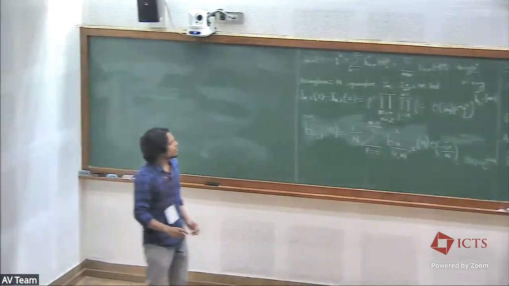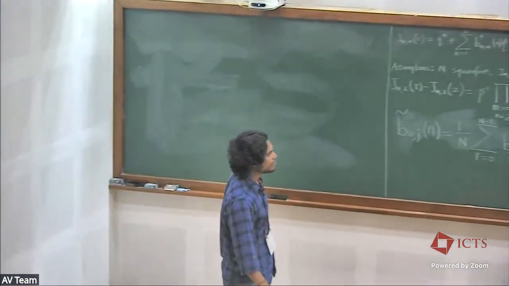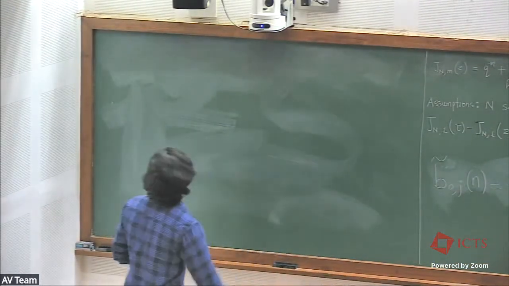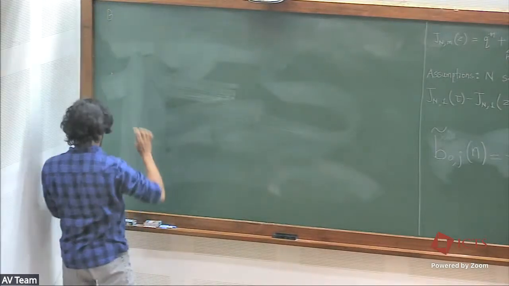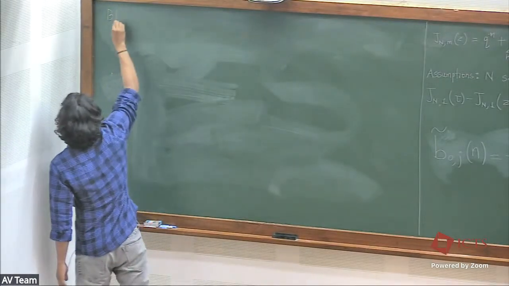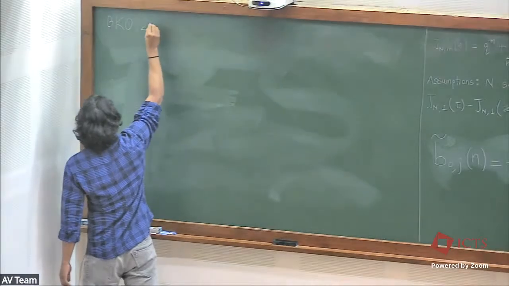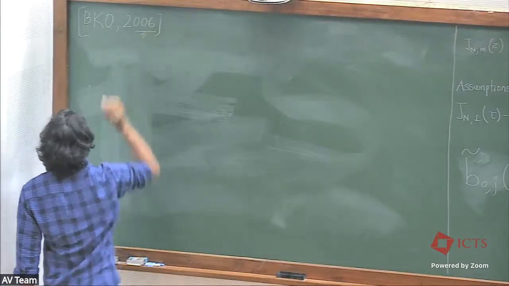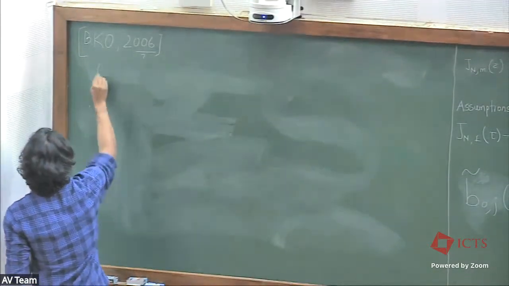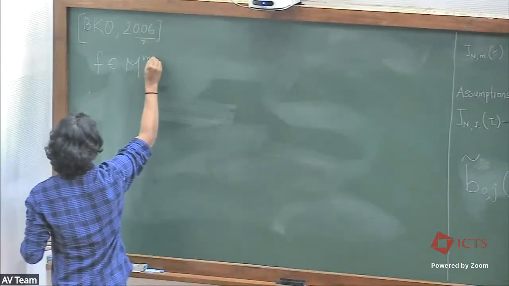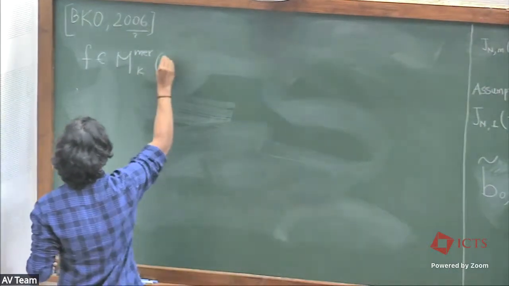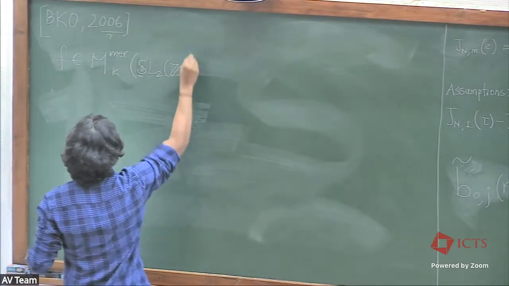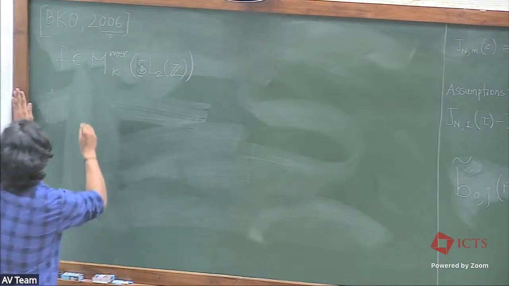Okay, so now let me come to the divisor formula which we use to prove this identity. I think it's 2006, I'm not sure about this, but given any meromorphic modular form, this is for level 1, the following identity holds.